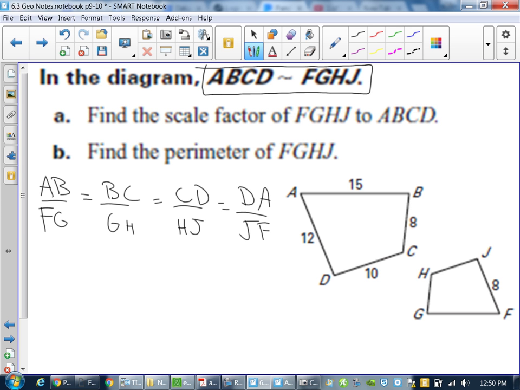So once you have that workable, that's when you start to put stuff in and you fill in the blanks.